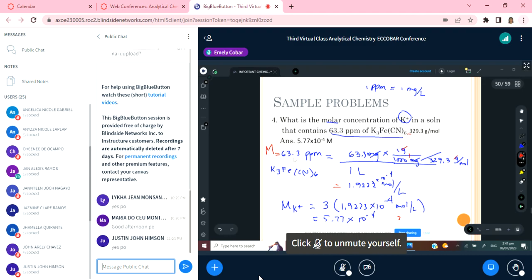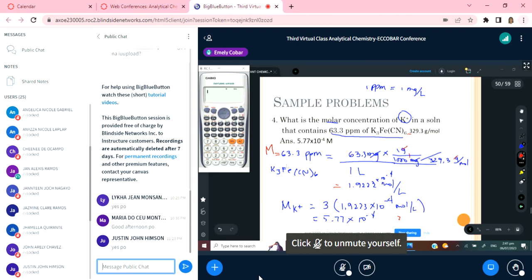Pakita natin sa calculator. 63.3 milligrams. Convert ko to grams, di-divide ko siya ng 1,000. So, what I have now is 0.0633 grams.